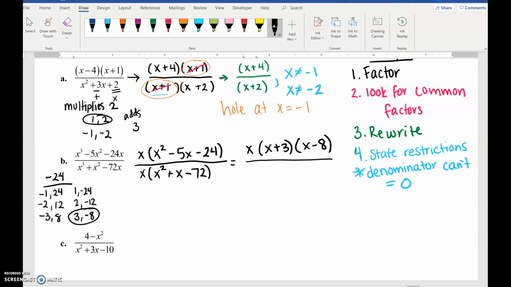And then I'm going to do the same thing for the 72. And again, I want a negative. So I have negative 1, positive 72, positive 1, negative 72, negative 2 and 36. And I'm looking for a difference of 1 in this case. So these definitely would not work. 3 and 24, or 3 and negative 24.